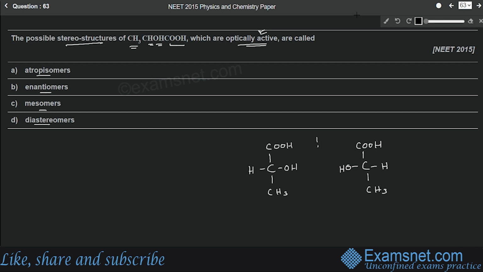Now as you can see, these two structures are mirror images of each other, isn't it? And these are non-superimposable, because if you put one of them on the other, it will not superimpose the other. So we can say that these are non-superimposable mirror images.